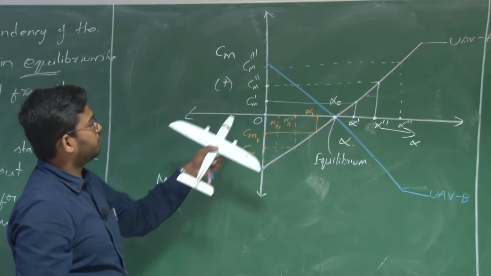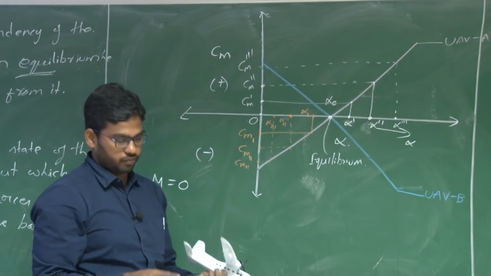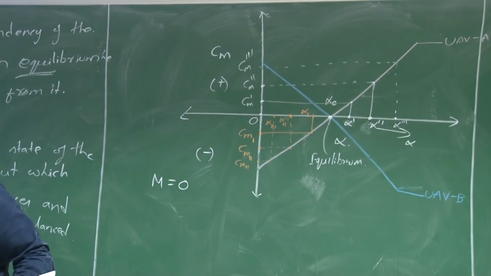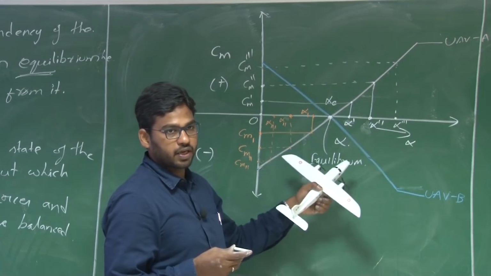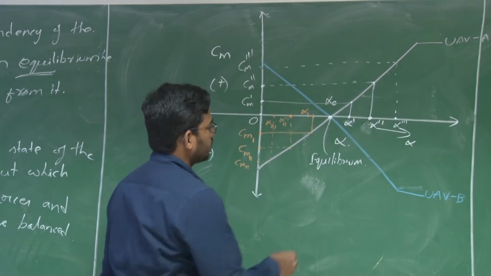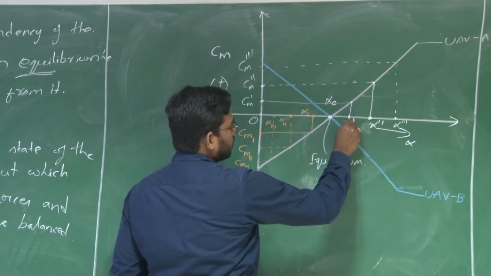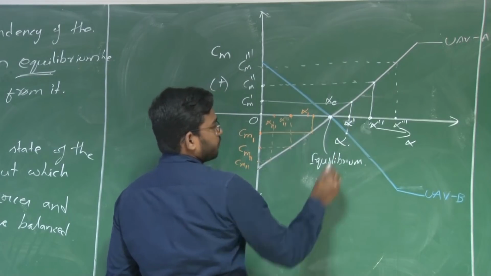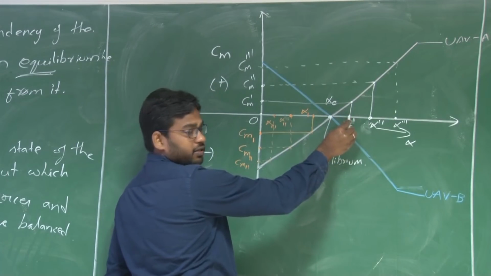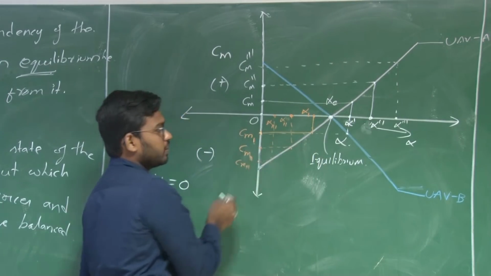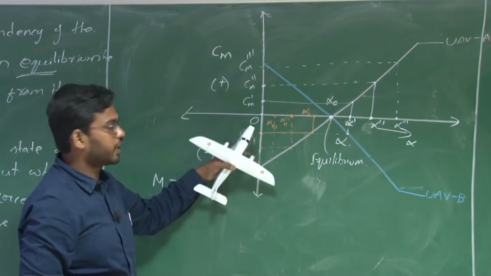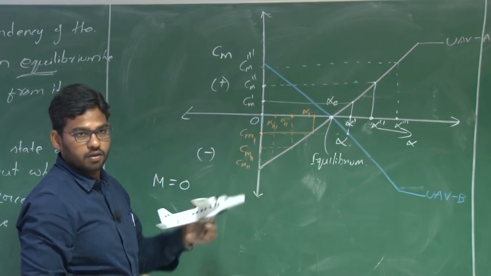So on the other hand, look at this blue curve that represents the variation of pitching moment with angle of attack for a UAV B. So this alpha prime, when there is an increase in the angle of attack, there is a Cm prime in the subscript, that is a negative pitching moment, right.